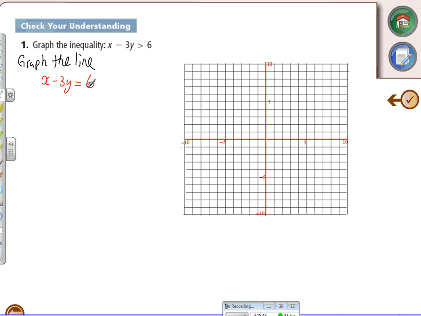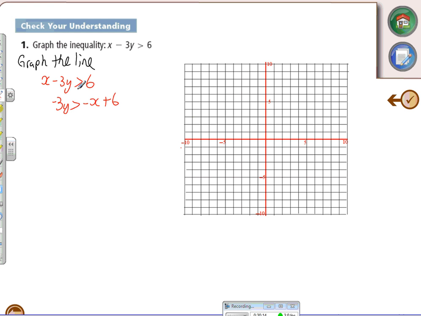Actually, I'll change it to equal to after. Let's work it through here because we'll need this as well. Isolate your y. Start taking it over. So negative 3y greater than negative x plus 6. Take it over there. Divide by negative 3.